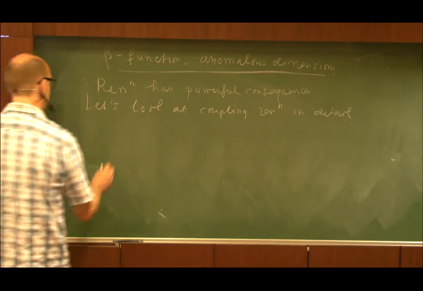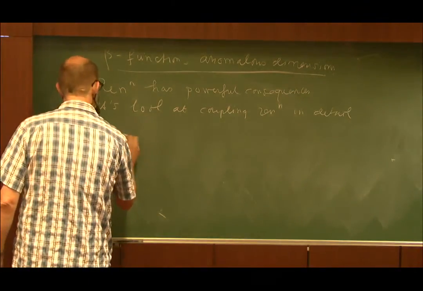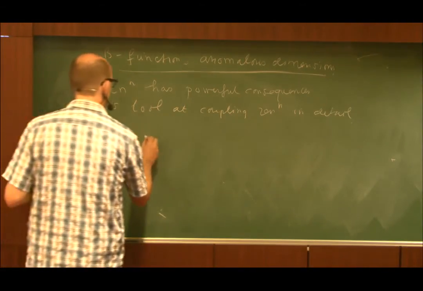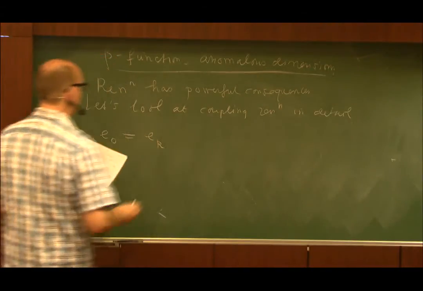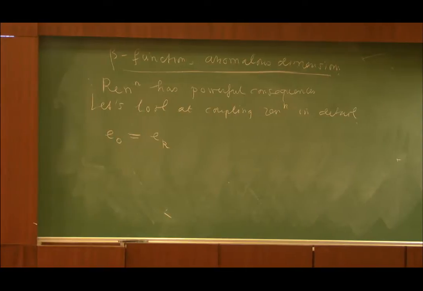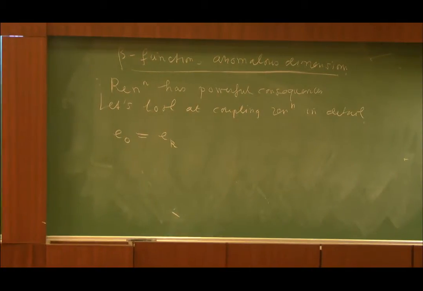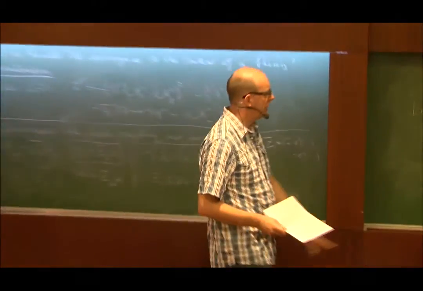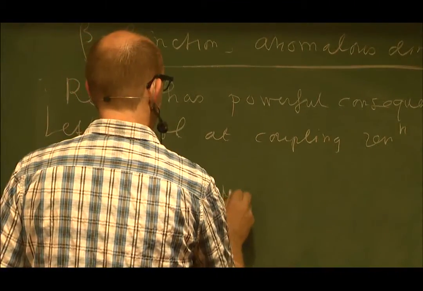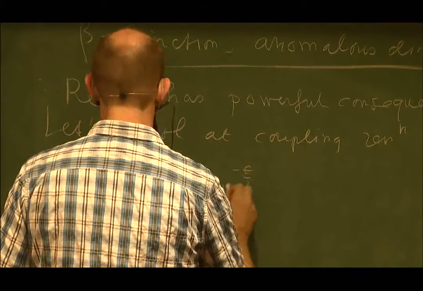So we have E0, that was the bare coupling, is E renormalized. So here I indicated the renormalized fields just by having not a zero on it. Now I make it a bit more explicit to have an extra R label for renormalized times of mu. Then we have the mu to the minus epsilon over 2.